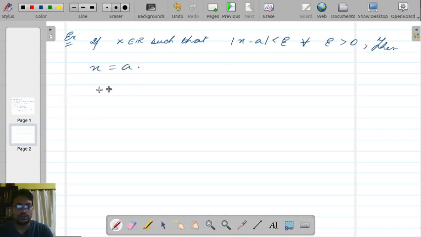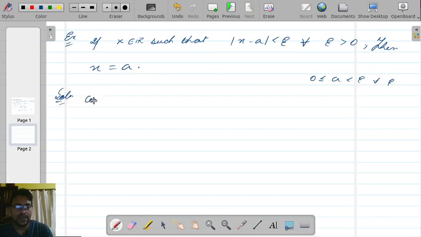We had already done a similar thing: if 0 is less than or equal to a, which is less than epsilon for every epsilon, meaning a is a non-negative number strictly less than epsilon for every epsilon greater than 0, then a has to be 0. So we will use something similar to this here.